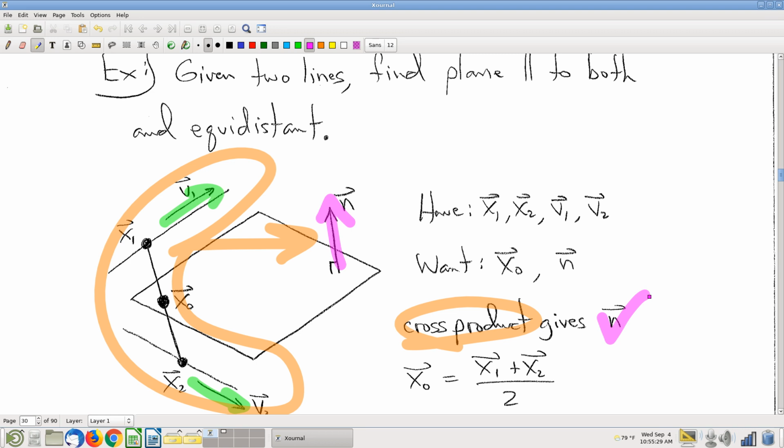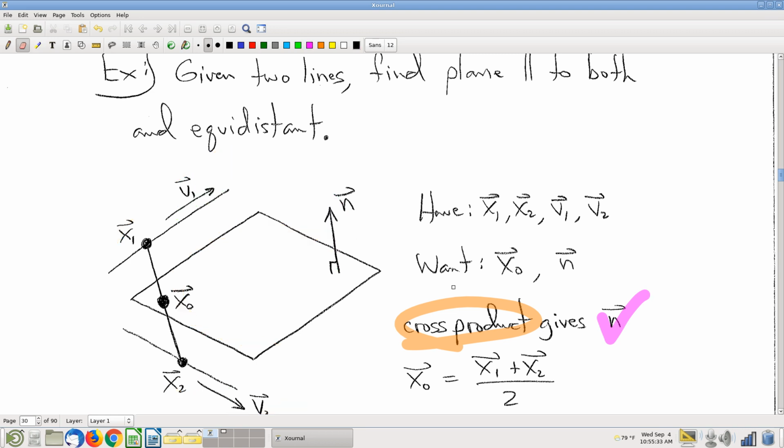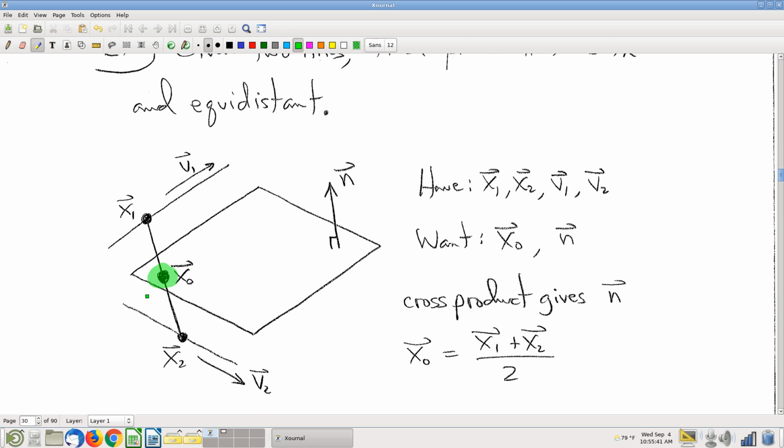Make sure the geometry actually is true. So no problem there. The twist on this one is, how do you find the x naught? It's tricky. And I claim what works is the x naught that you want to use is just the midpoint halfway in between the two given x1 and x2.